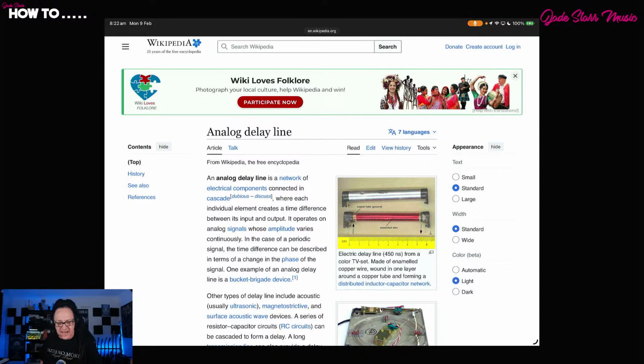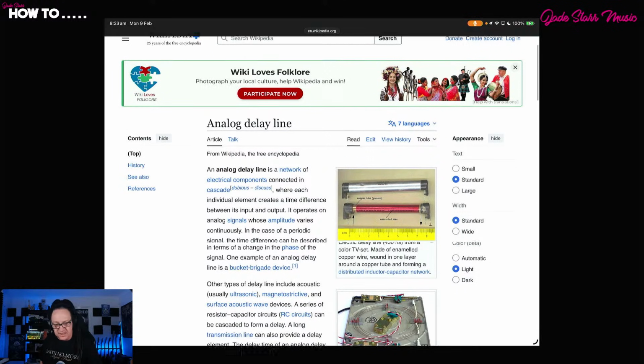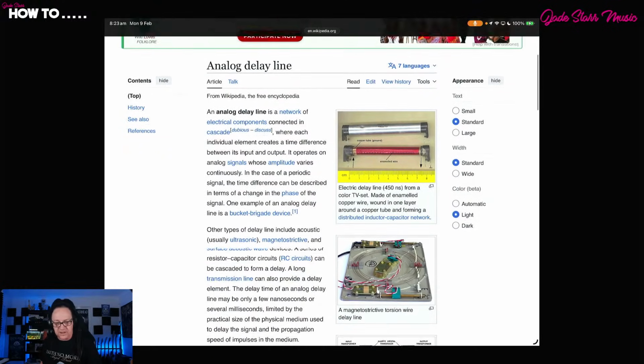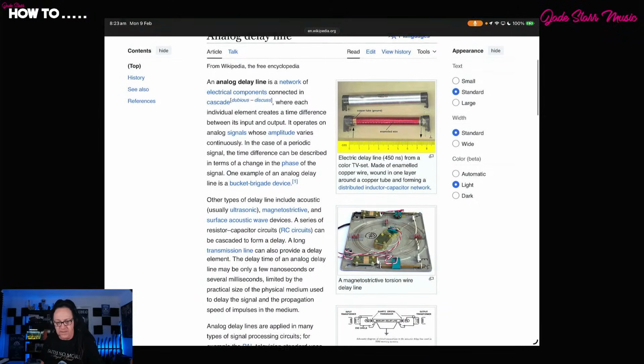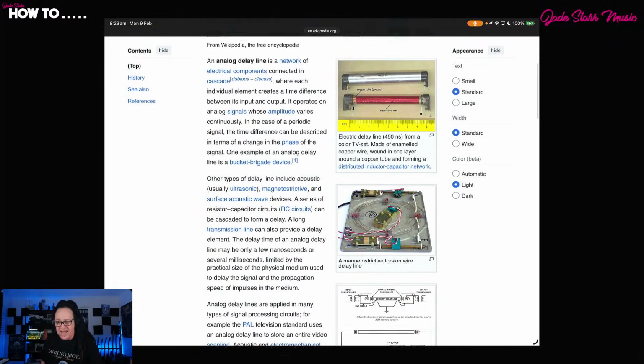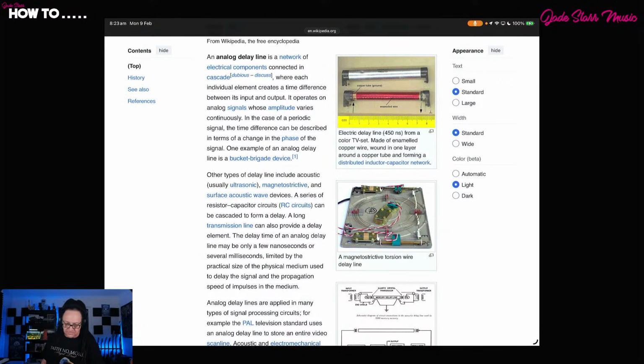Analog line delay, a network of electrical components connected in cascade, where each individual element creates a time difference between its input and output. So this is essentially a cable. So this line delay, you can see how it goes around here, almost like a coil.